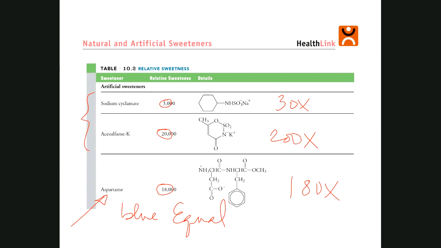If you look at the structure of aspartame, we haven't talked about amino acids yet. That's the next chapter. In this case, this is actually 2 amino acids linked together. Technically, this would release methanol if ingested in large amounts, but because it's 180 times as sweet as sugar, you only need smidgens of the stuff.